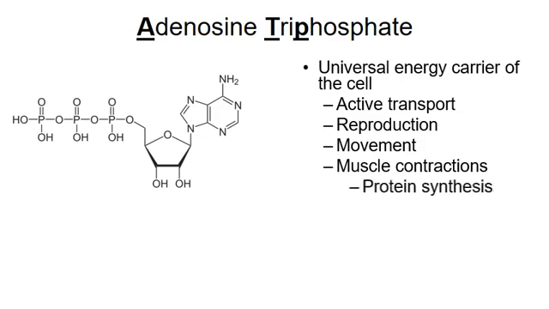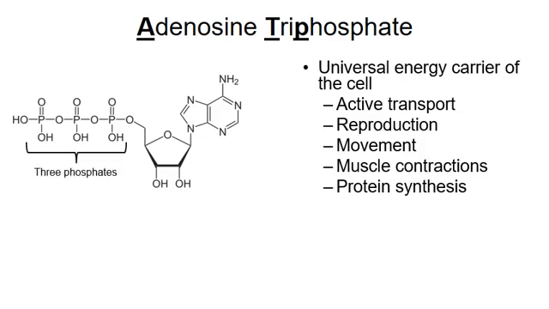You'll often hear ATP compared to money, or the currency of a cell, because we spend money on goods and services, and the cell will spend ATP to perform these reactions and many others that I did not list. But here's the triphosphate part.